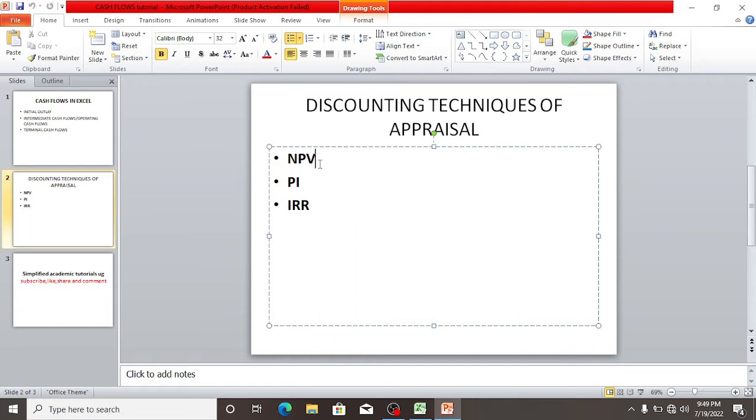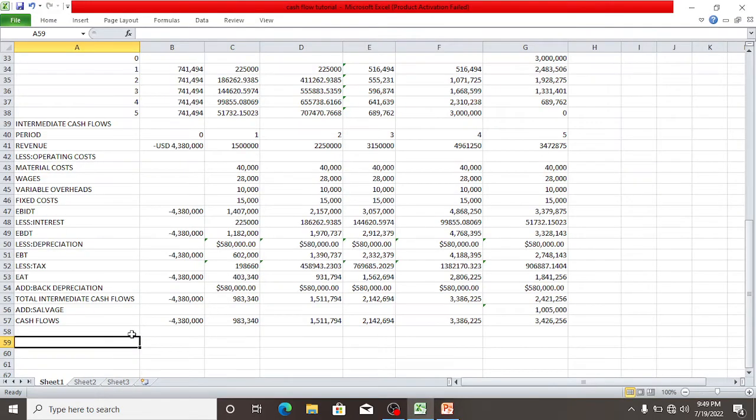So NPV, we are going to calculate it using Microsoft Excel, and we also calculate PI and IRR.